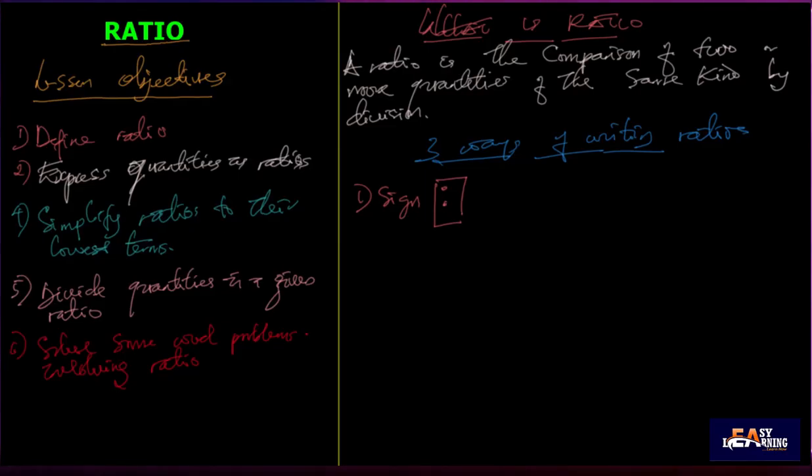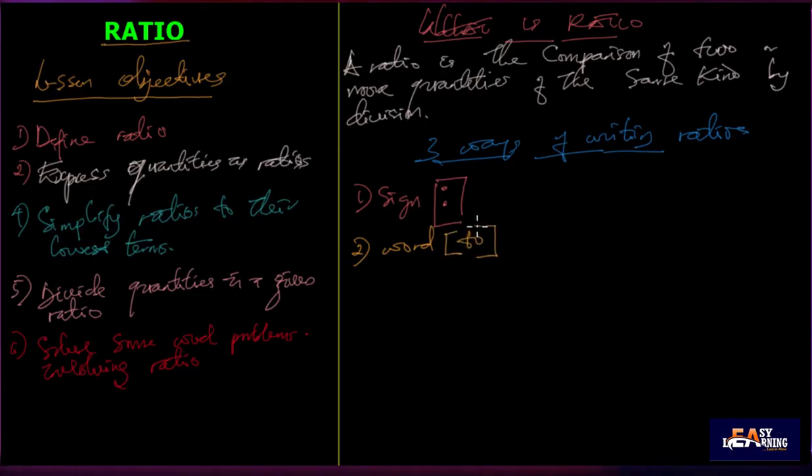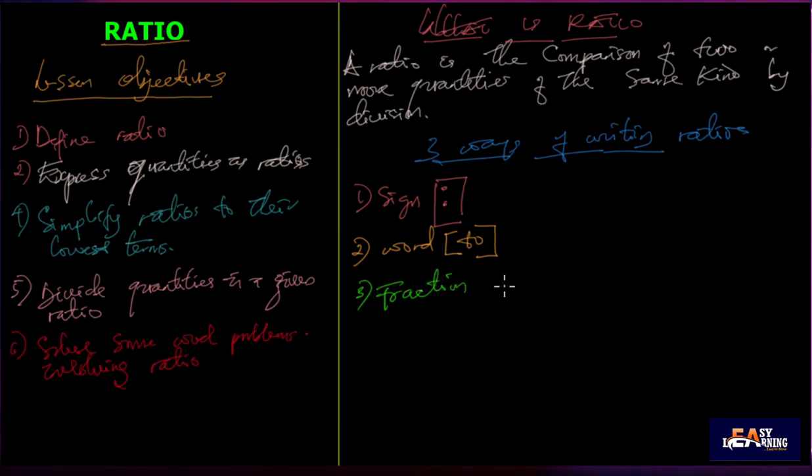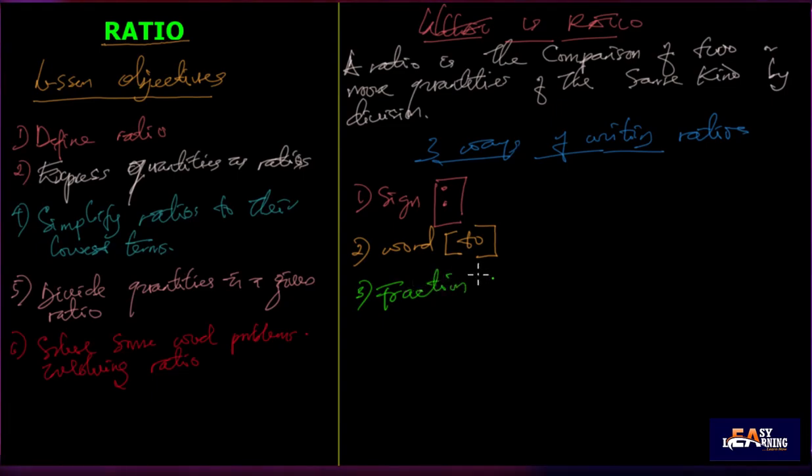The next one is that we can use word, like in word problems, and the word that we use is always "to". You can spell it out as "to". And another one is that we can use fraction form.